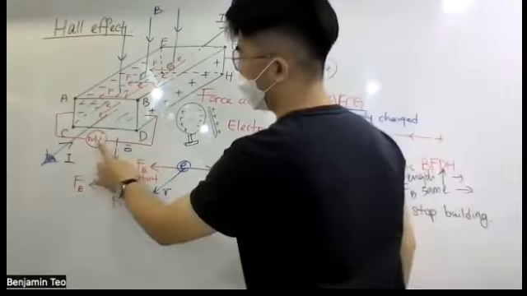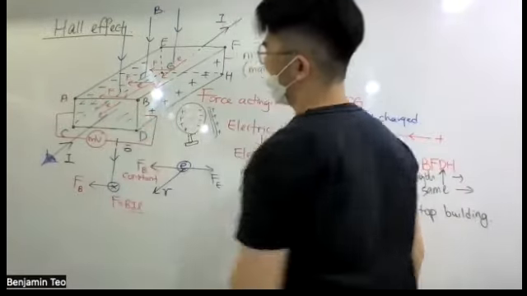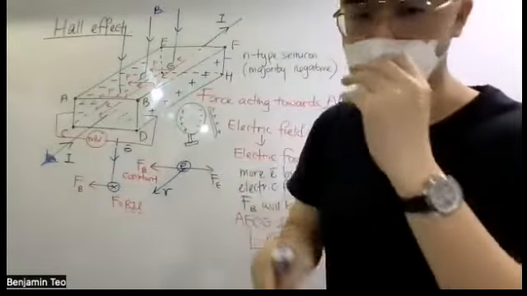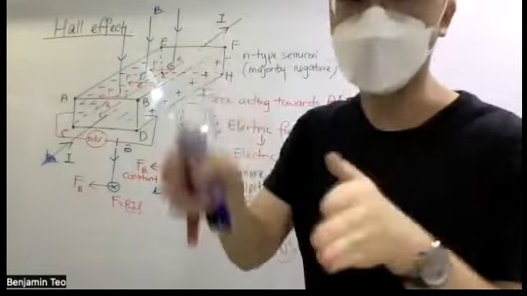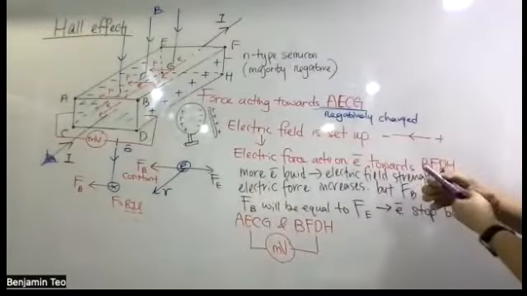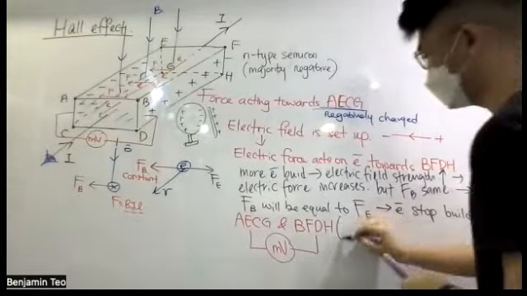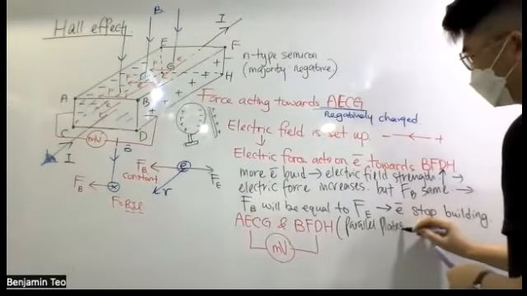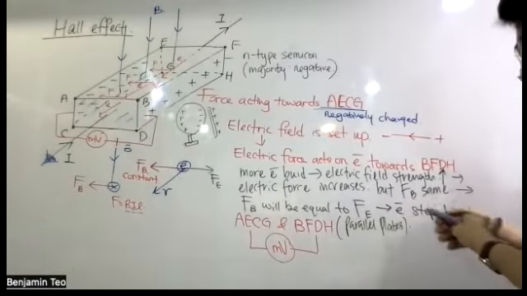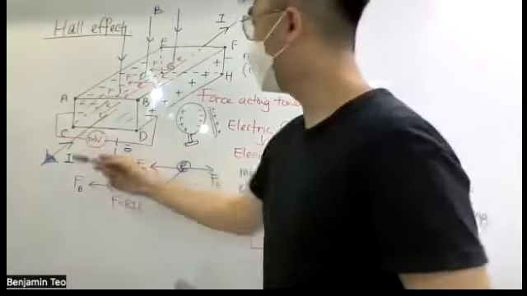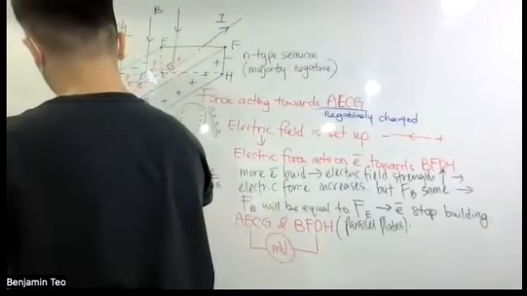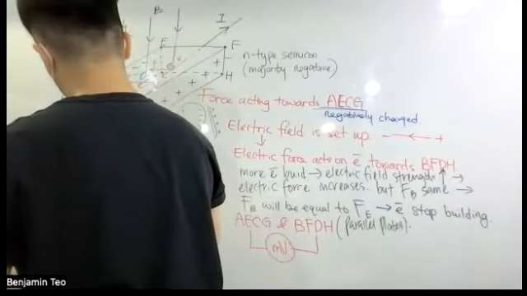This voltage is set up between the two faces. These two faces are parallel, so we can sometimes call them parallel plates. There's a reading of the voltage, and this voltage we call the Hall voltage.